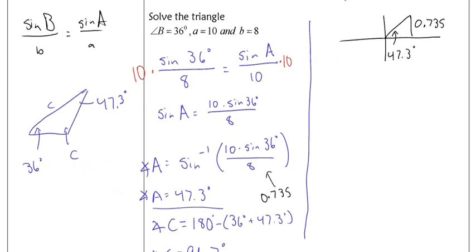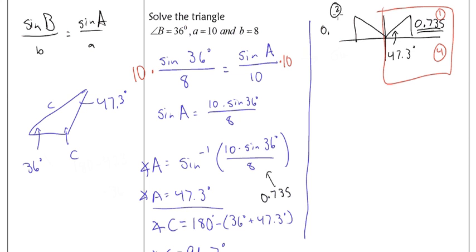And remember, the domain of the inverse of sine is only in quadrants 1 and 4. Only 1 and 4. However, we could have a triangle over in quadrant 2 that has that exact same sine value.